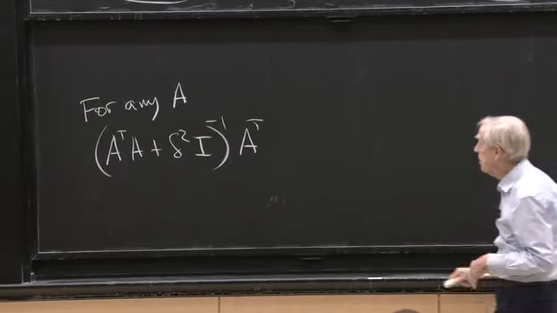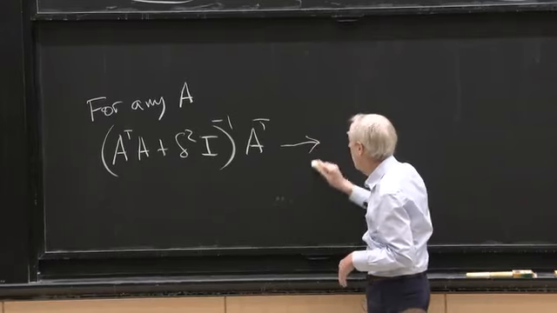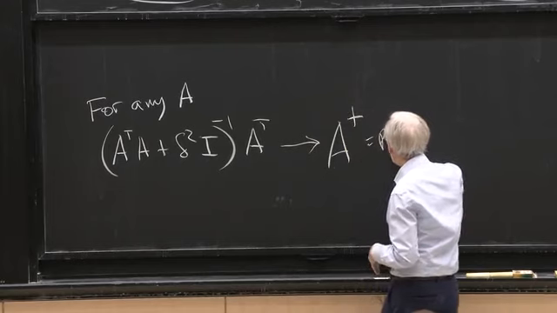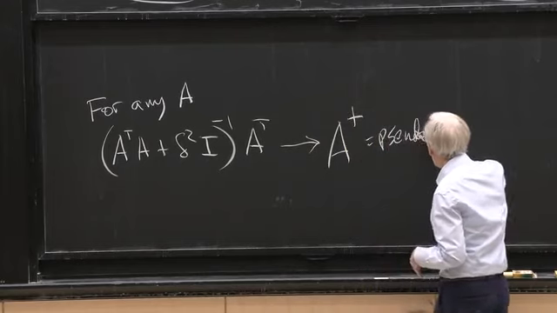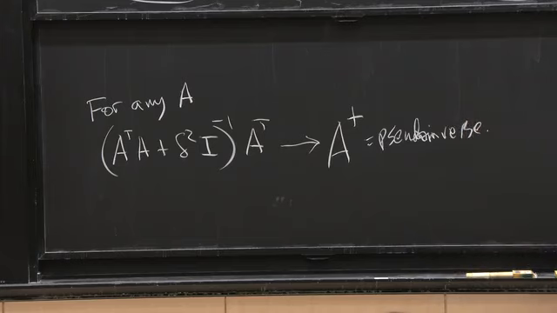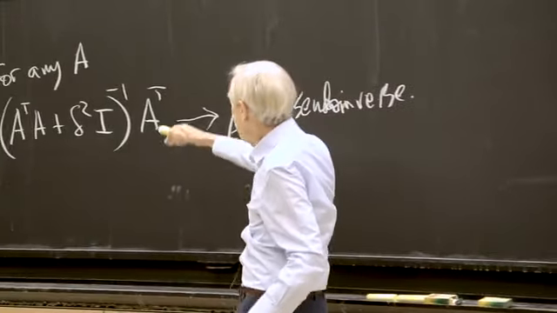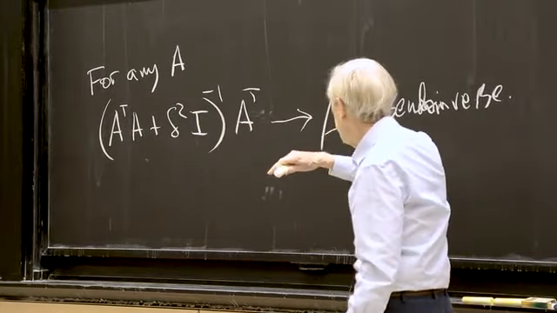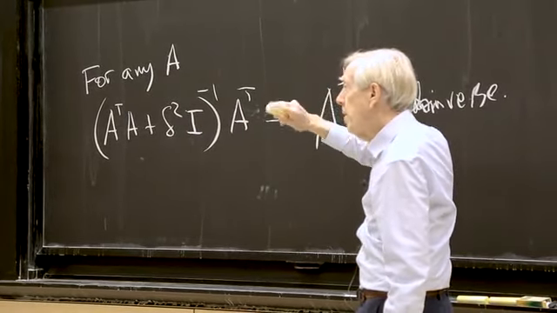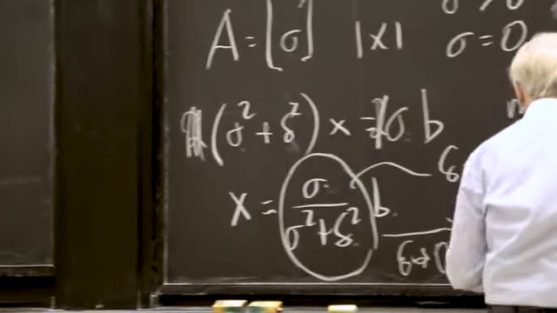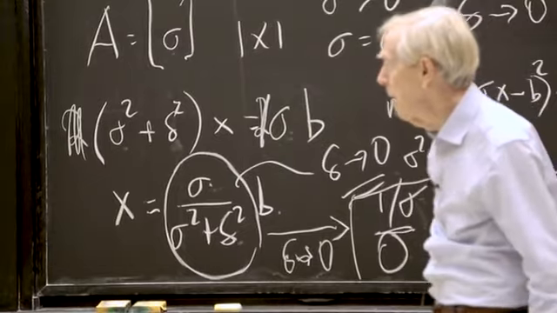That approaches A plus, the pseudo inverse. And that's what we just checked for 1 by 1. For 1 by 1, this was sigma over sigma squared plus delta squared, and it went either to 1 over sigma or to 0. It split in the limit.